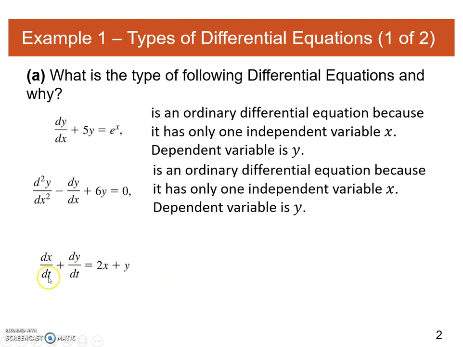The type of the differential equation depends on the independent variable. If the independent variable is one, that is an ordinary differential equation. Although this equation is a little bit different as it has two dependent variables, still it is an ordinary differential equation.